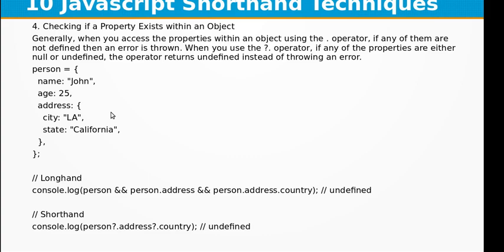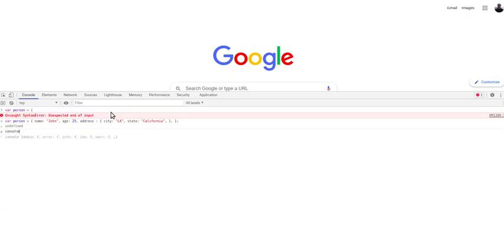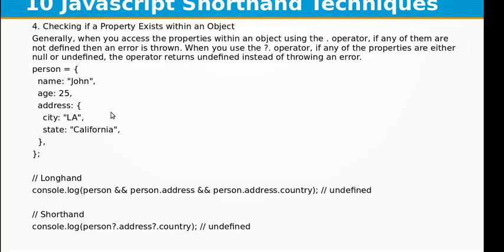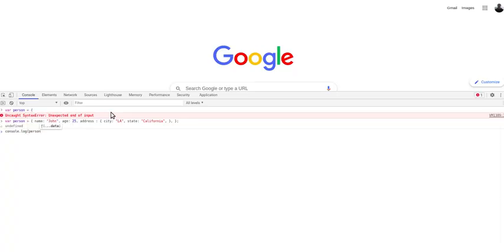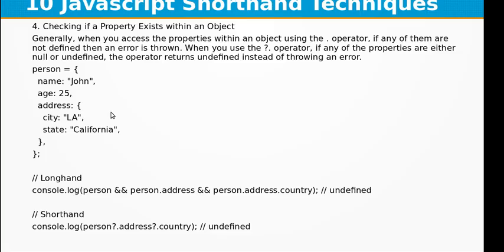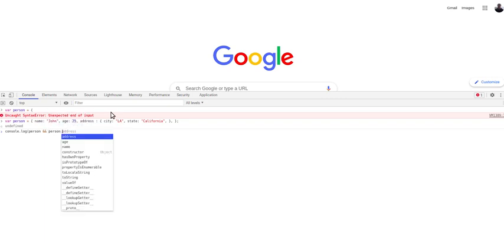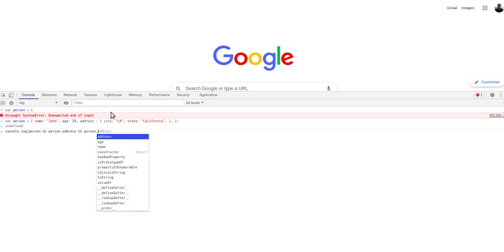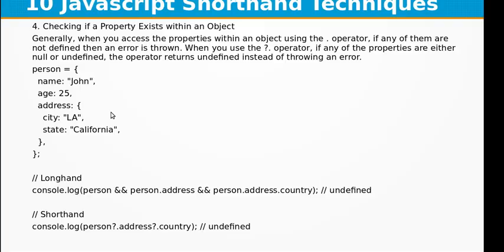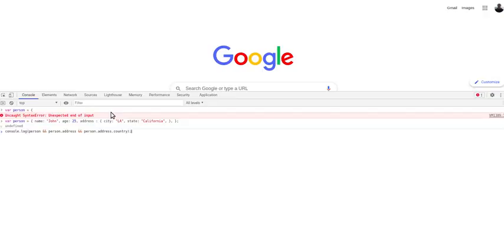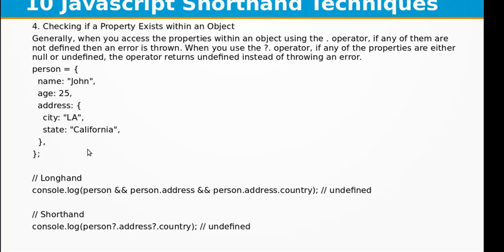So the longhand version can be console.log person dot address and person dot address dot country. There is no country, so it will return undefined.